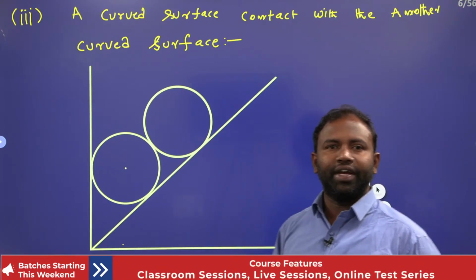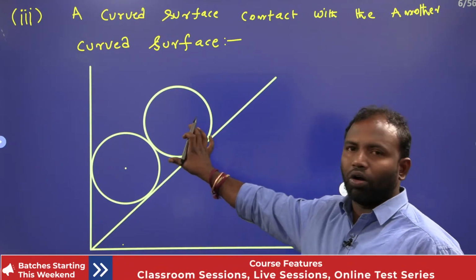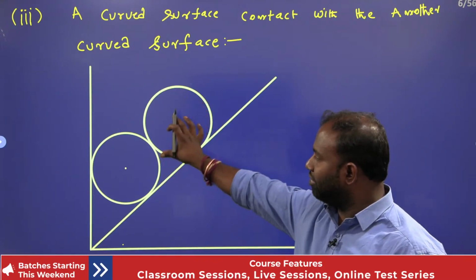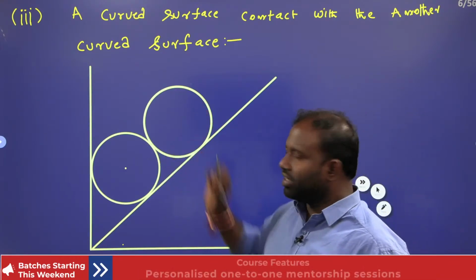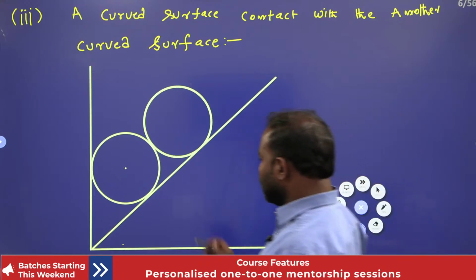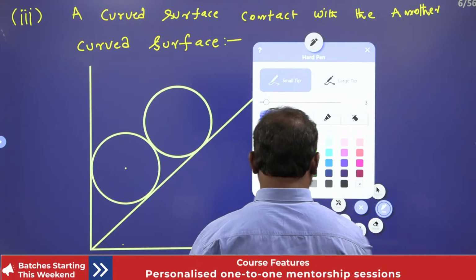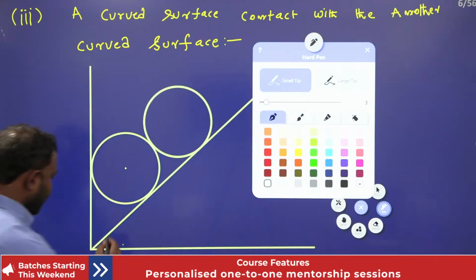Here these are two balls which have certain weight, and they are in contact with this. Now it makes an angle of 30 degrees over here.